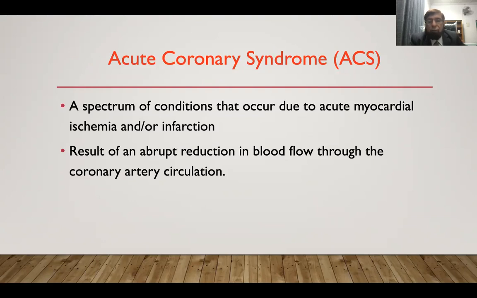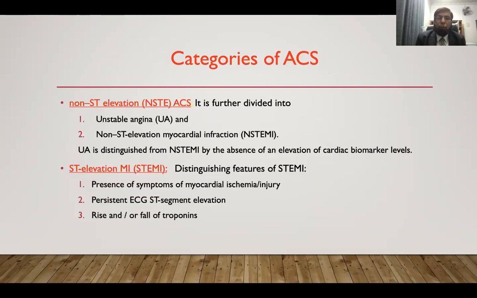Since we are dealing with a very specific disease, we have to discuss a few words about the acute coronary syndrome. Acute coronary syndrome is a spectrum of conditions that occur due to acute myocardial ischemia or infarction. It results in abrupt reduction in blood flow through the coronary artery circulation. There are 2 main categories of ACS. One is called non-ST elevation ACS or non-STEMI.